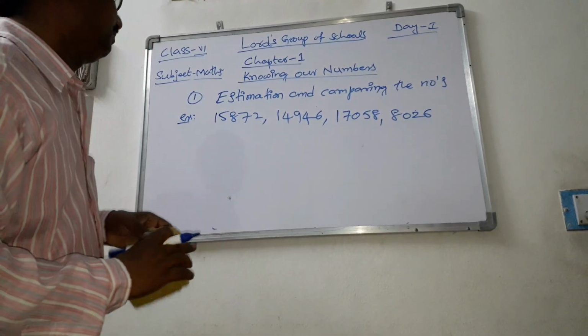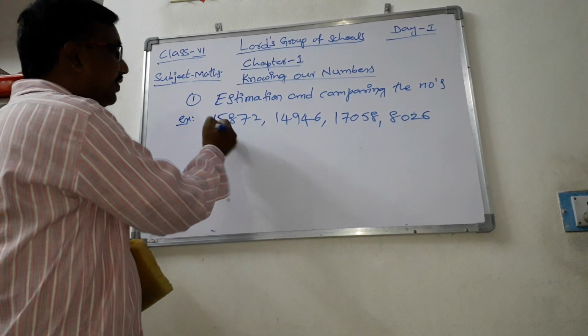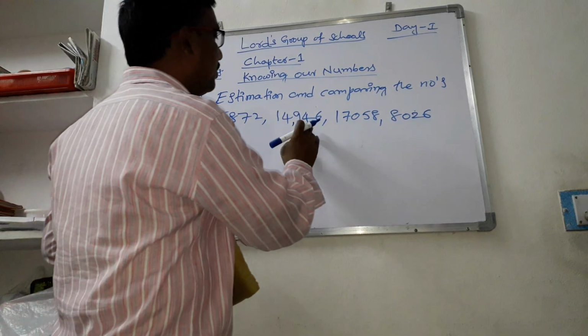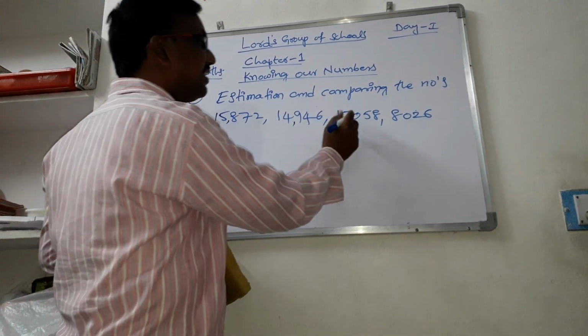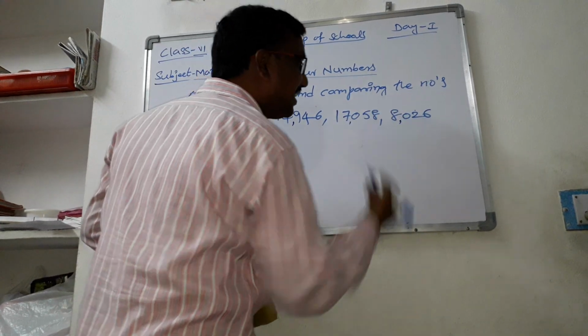We'll read the numbers: ones, tens, hundreds, thousands and 10,000s. It is 15,872. It is 14,946. It is 17,058. And it is 8,026.